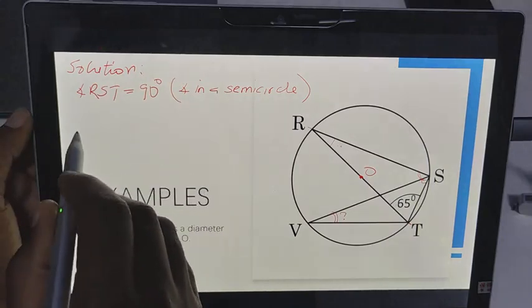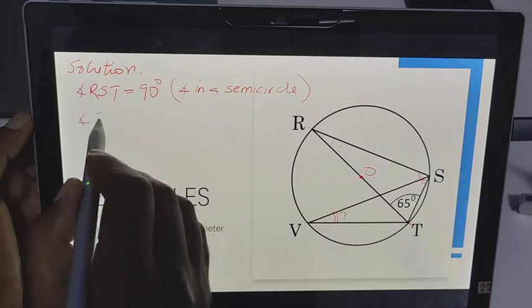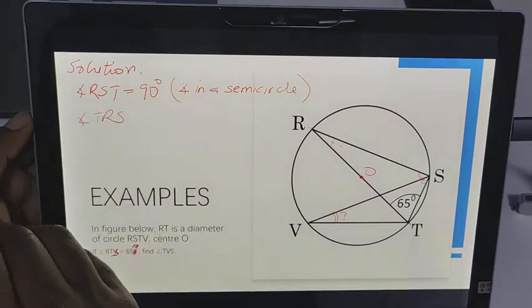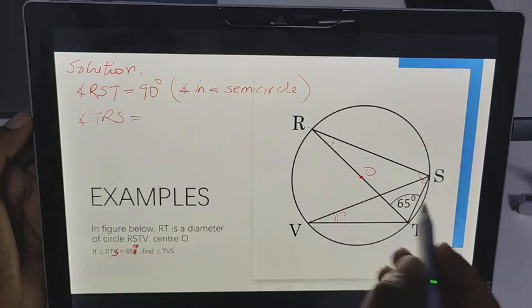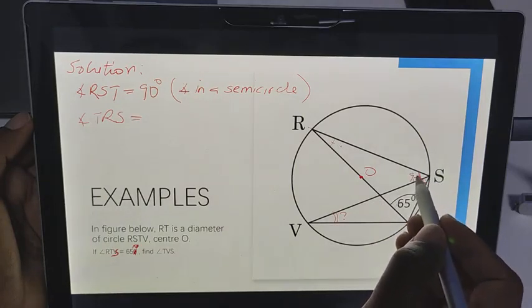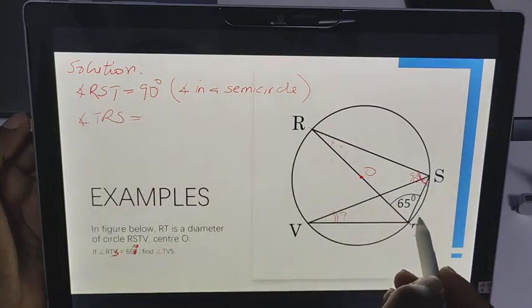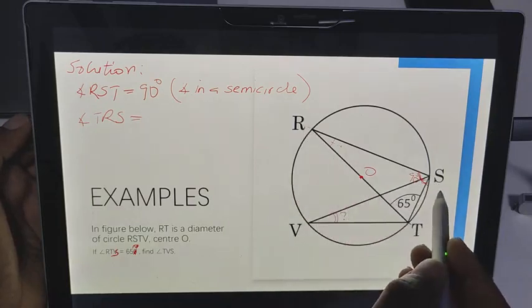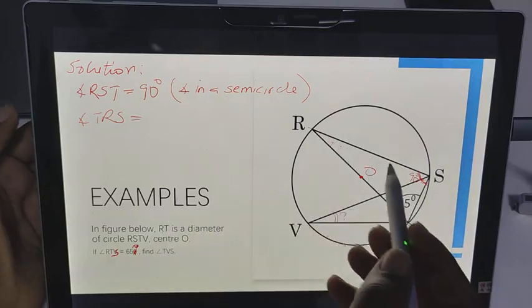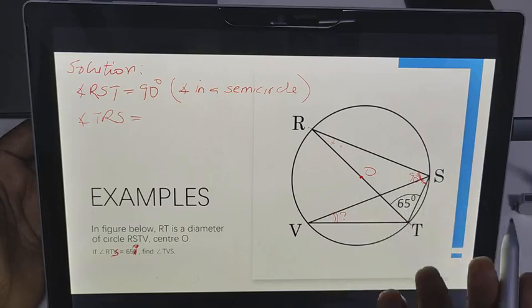And we can as well find angle TRS. For us to find that angle, we know that this angle is 90 degrees, and we also know that angle is 65 degrees. So you have triangle RTS. In that triangle, we all know that angles in a triangle add up to 180 degrees.